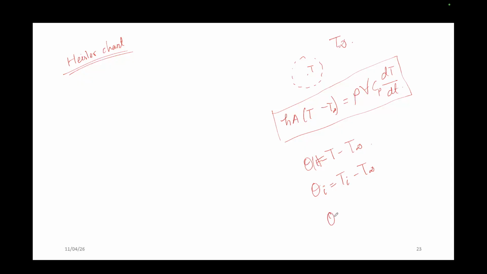So if I say time t equal to 0, that means the initial value, because T infinity is already fixed. So the only variable here is T, right? Up to this, any confusion?